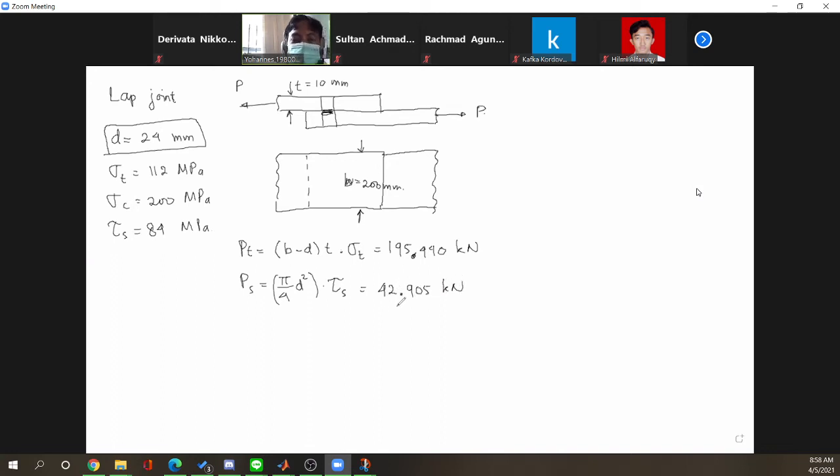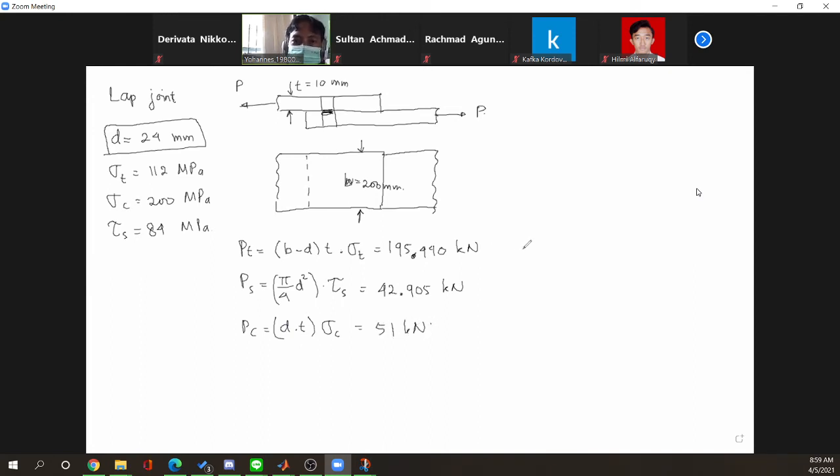Okay, 42.9 kilonewton. And how about the crushing area? So it should be like this, times the compression strength of the plate. And here we have for a single rivet 51 kilonewton.